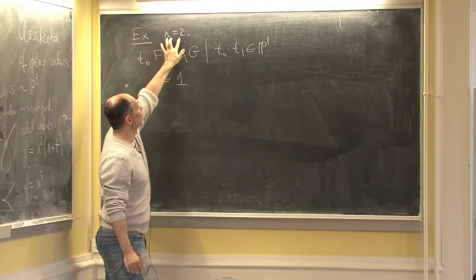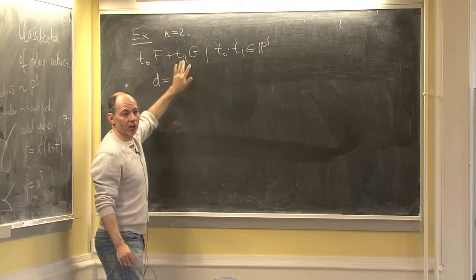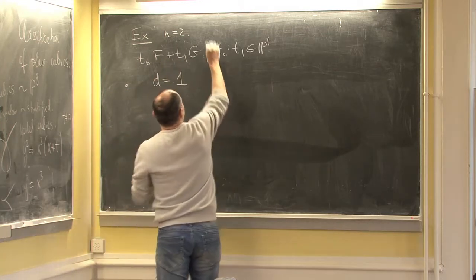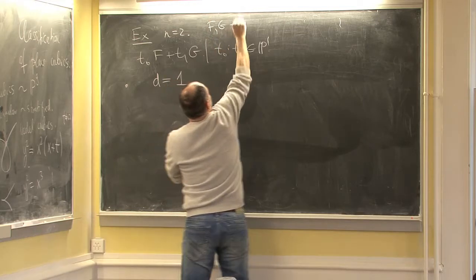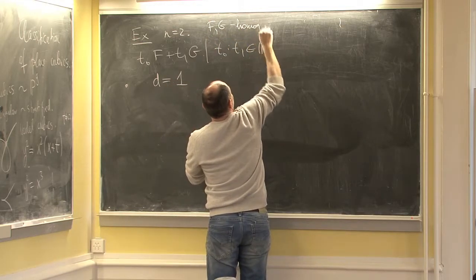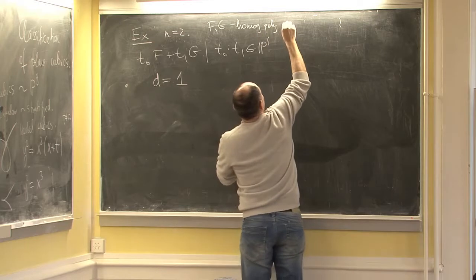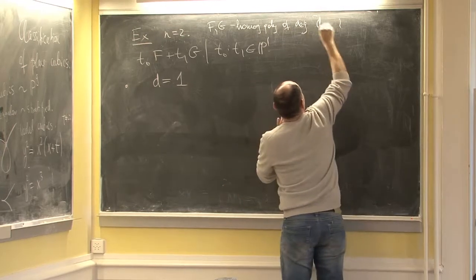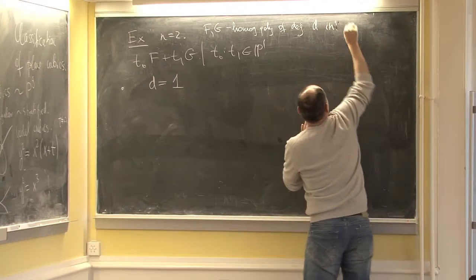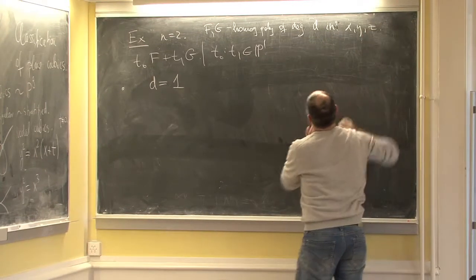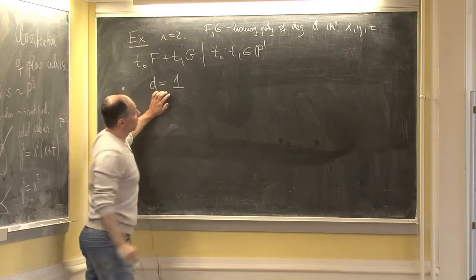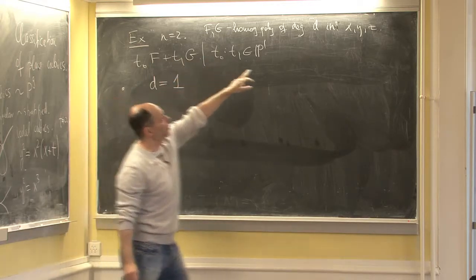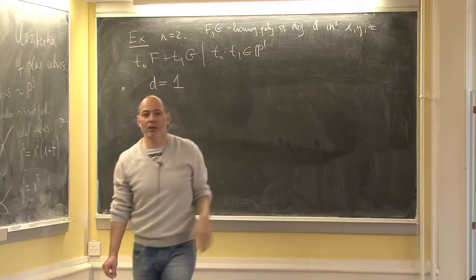This is now n equals 2, so f and g are homogeneous polynomials of degree d in 3 variables. Well, I can denote them by x, y, z, for example. Right? So suppose now f and g are homogeneous polynomials of degree 1 in 3 variables.